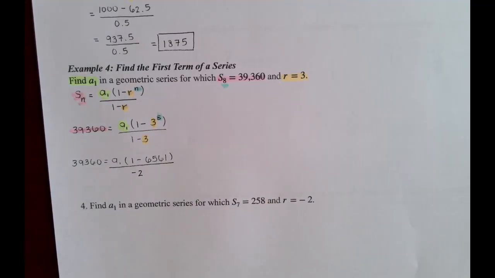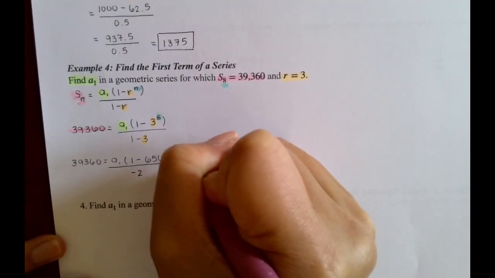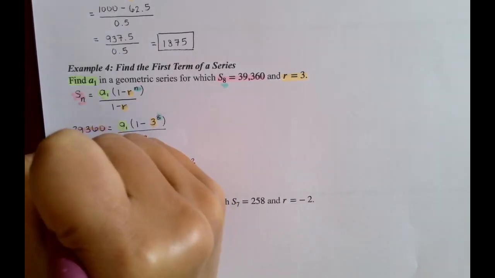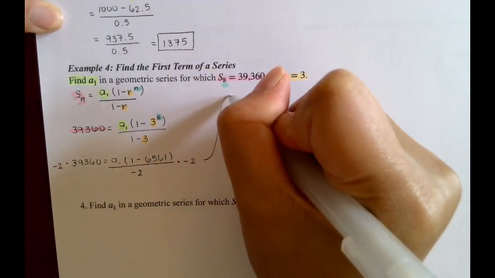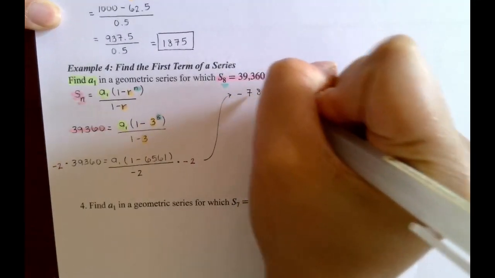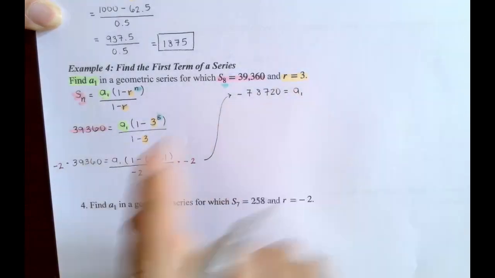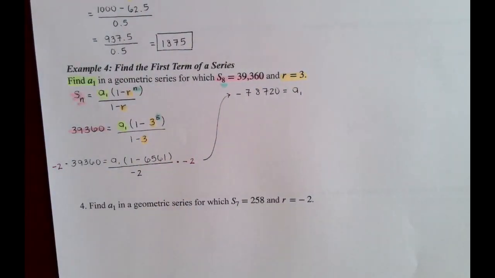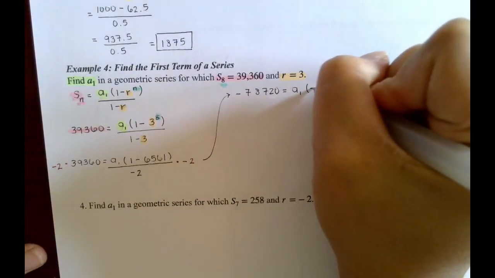Since this is dividing by negative 2, I'm going to change it to multiply. So 39,360 times negative 2 is negative 78,720. And then 1 minus 6,561 is negative 6,560.